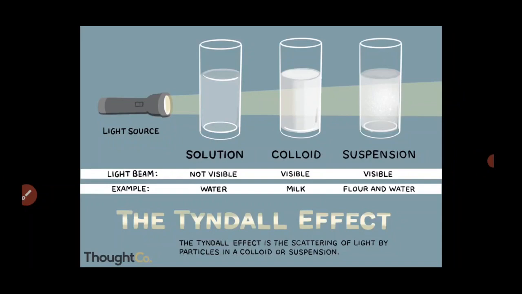The second one is a colloidal solution, for example milk, and the light rays are visible or scattered. The third one is a suspension, which is nothing but a mixture of flour and water. So the Tyndall effect is the scattering of light rays by colloidal particles or a suspension.